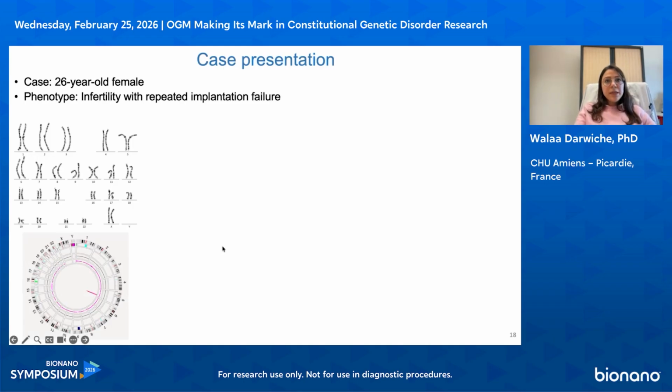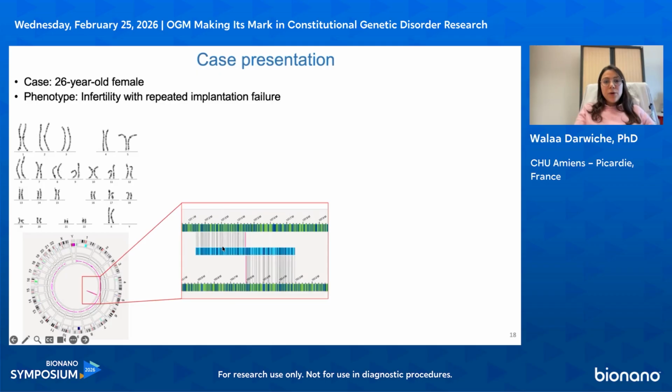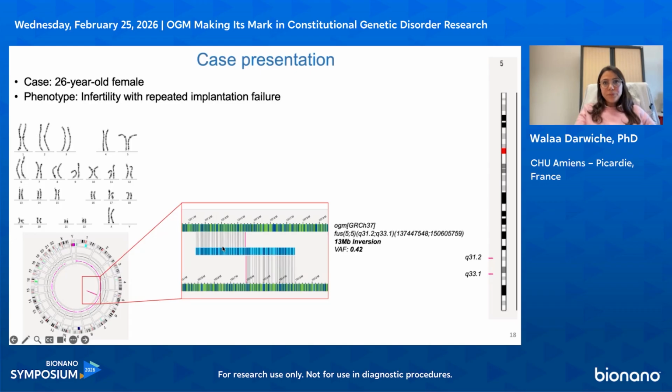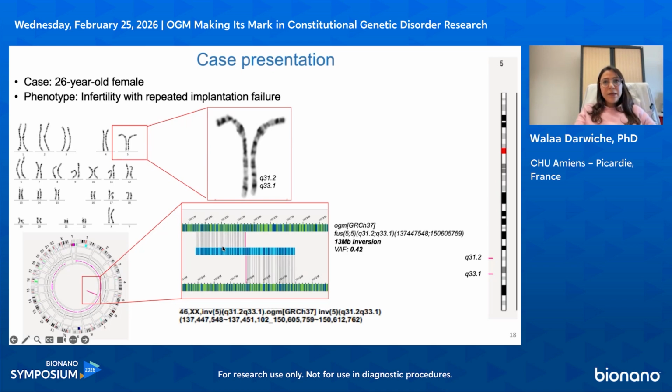However, optical genome mapping identified a 30 megabase inversion in chromosome 5 between Q31.2 and Q33.1. When we re-examined chromosome 5 on the karyotype, this inversion was extremely subtle. This illustrates how optical genome mapping can detect relevant abnormalities that karyotyping may miss.